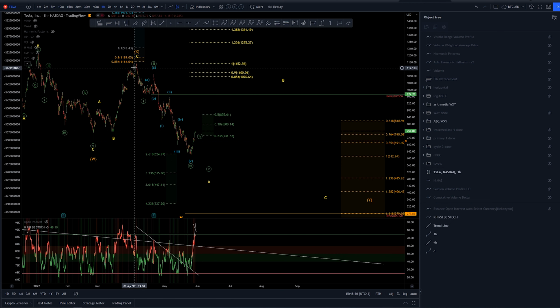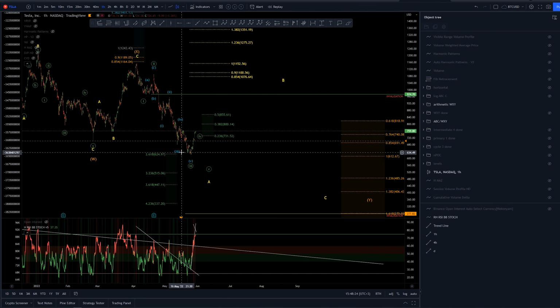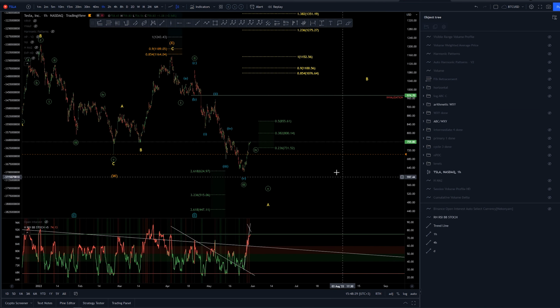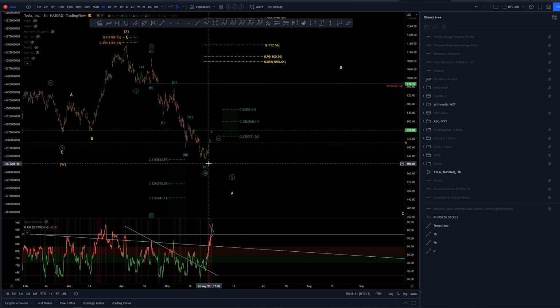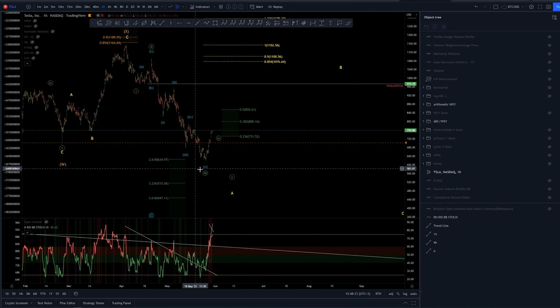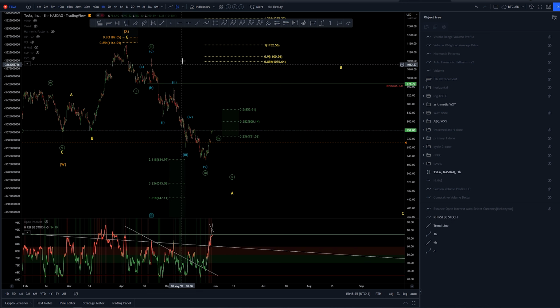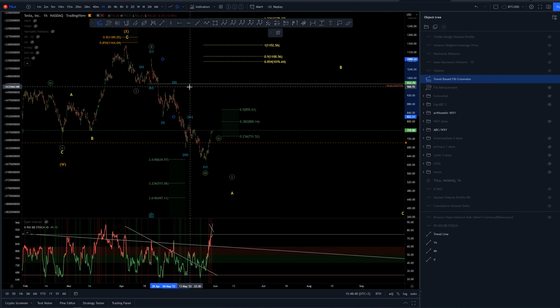On this one, I am thinking that this could be again a 1, 2, 1, 2, 3, 4, 5 to third here. Now the substructure here for the third of minute is not really perfect, but again sometimes they are not. By this I just mean the extension here for the third.